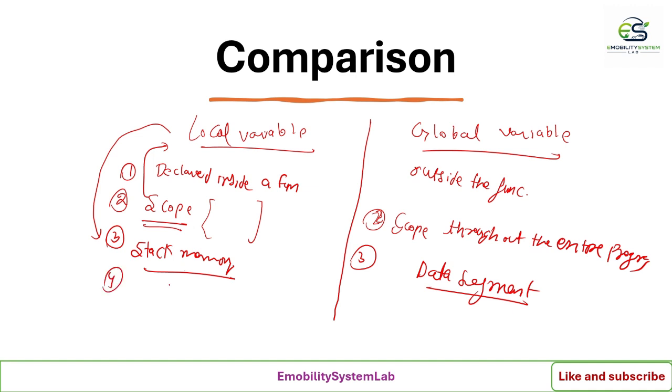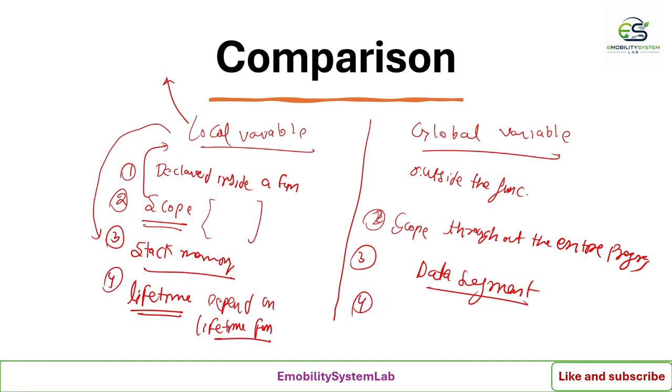The fourth difference is lifetime. The lifetime of a local variable ends with the function. When the function ends, the local variable is destroyed. The local variable is created when the function starts and destroyed when the function ends. So the lifetime of a local variable depends on the lifetime of the function.